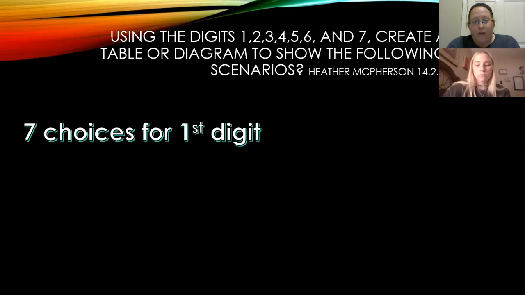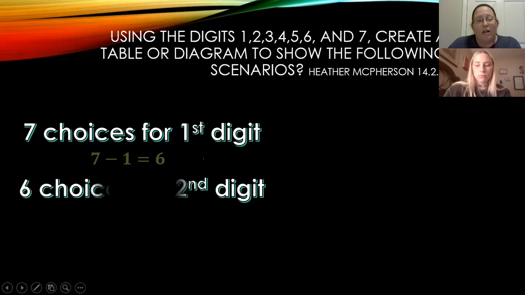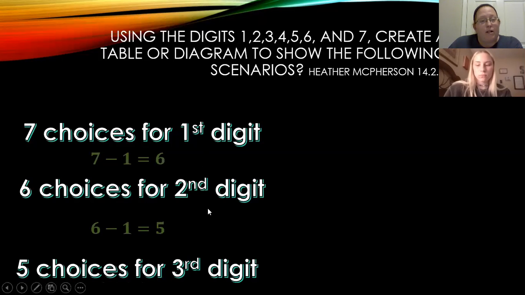So you have 7 choices for your first digit. Once you find that digit, you have to subtract 1 because you can't use that same digit over again, so your second digit is going to have 6 choices. And then the third is going to have 5 choices. Again, you can't use the same number over again, so that's why we're subtracting 1 from each of the choices.